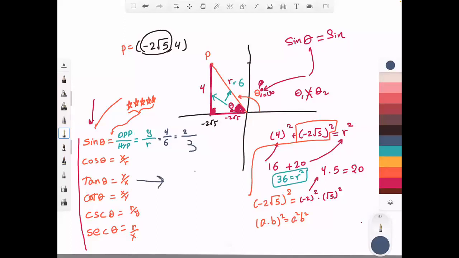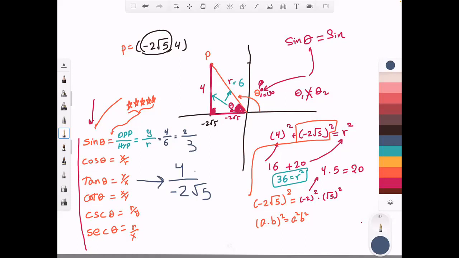Tangent of theta is y over x, which is 4 over -2√5. Sorry about the fonts, I'm writing with my finger. So you have to multiply by √5, correct? Professor, is it fine if you don't simplify it?